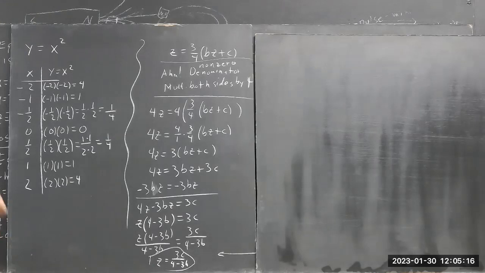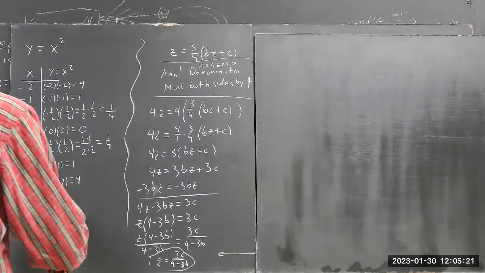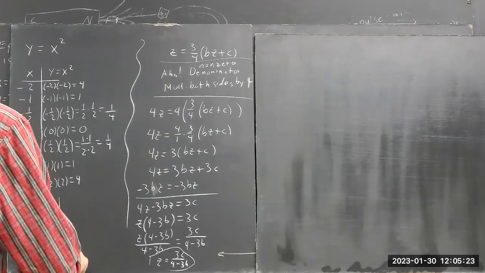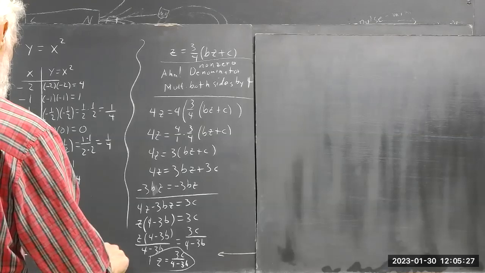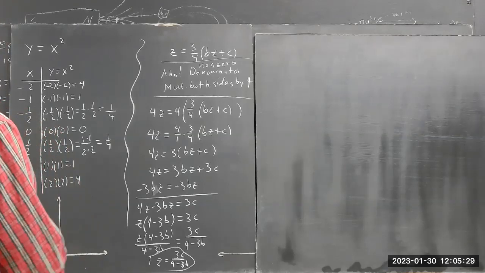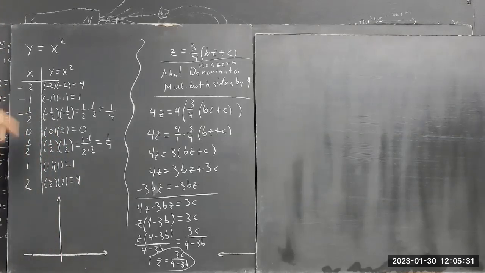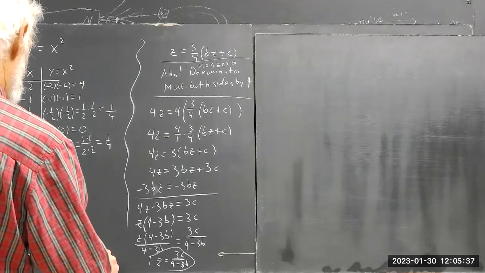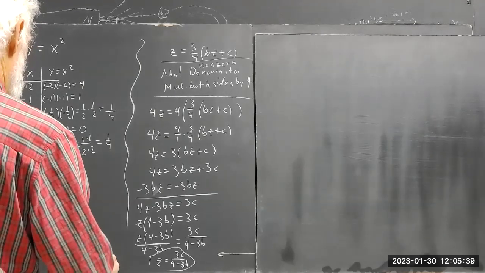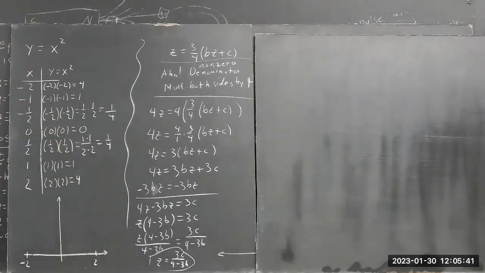Now we can sketch the graph. We can sketch these points on a graph. I'm going to anticipate a little bit. Okay. My x values go from -2 to 2, so I'm going to put -2 over here. I'm going to put 2 over here at an equal distance on the other side.